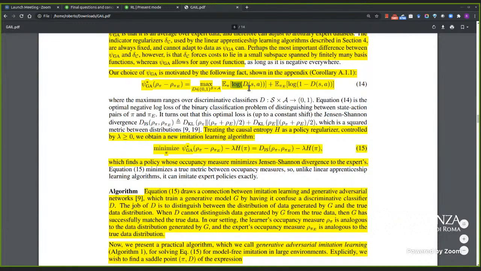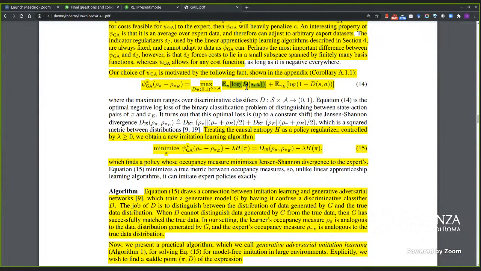So if the logarithm of D is the cost function, we're trying to maximize the policy in such a way that it can match the cost function generated over the data that is generated by the expert.